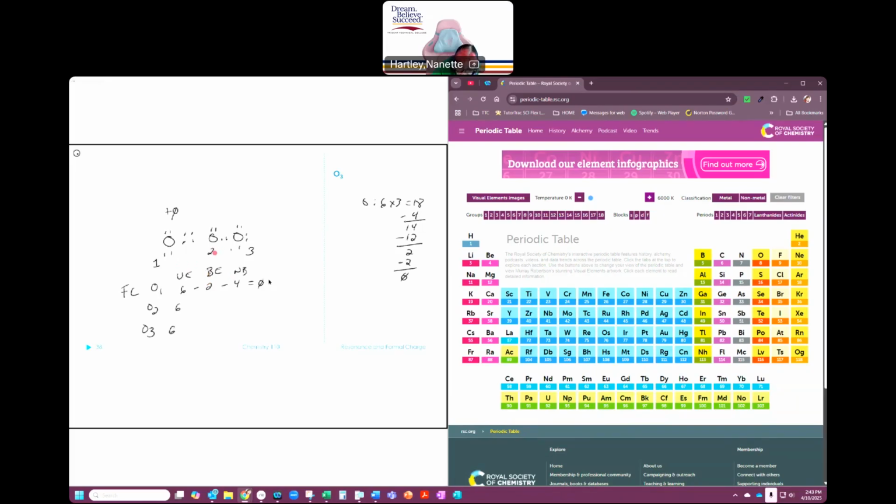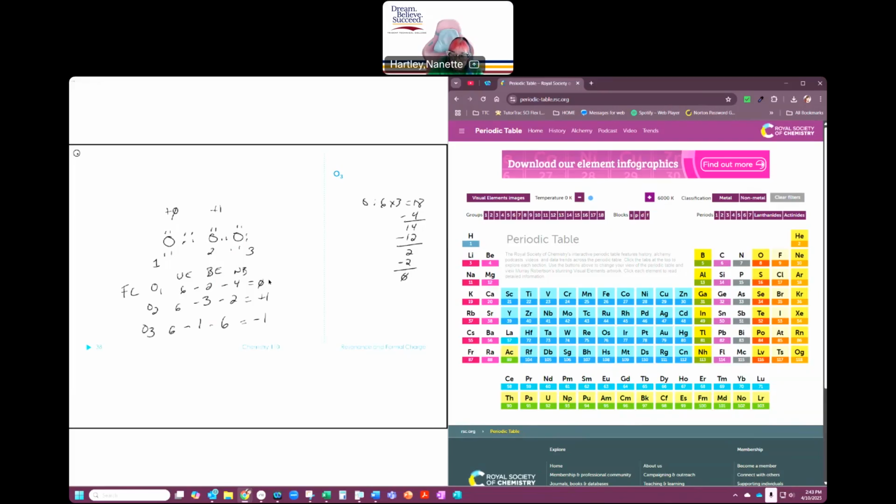On oxygen 2, we have 1, 2, 3 from the bonding. We have 2 from the non-bonding. That's a +1 on this one. And then on oxygen 3, we have 1 from the bonding electrons, and then 2, 4, 6 from there. So that's a -1.